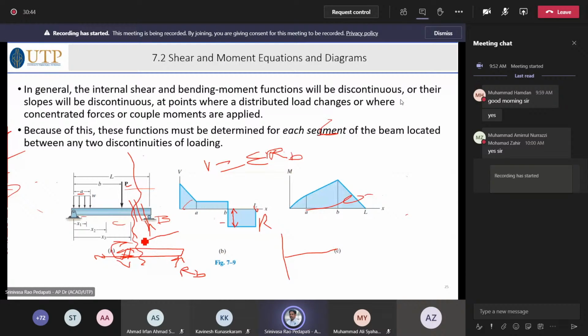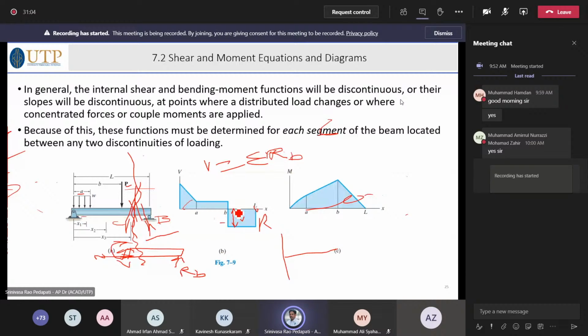The net moment we will take later. Let us first do the shear force. If you take any section and consider the right part, the only force acting on the right side is R. So that is represented here.